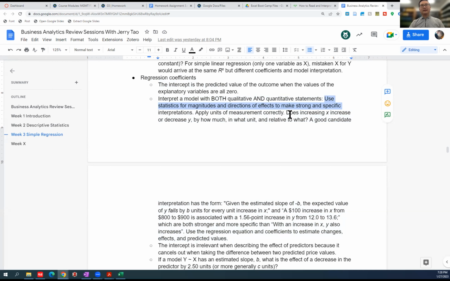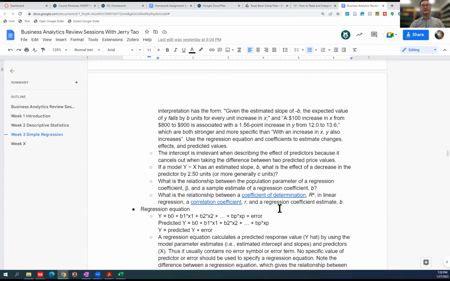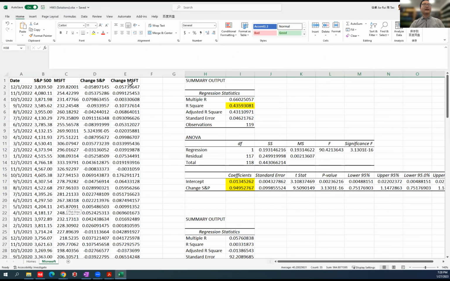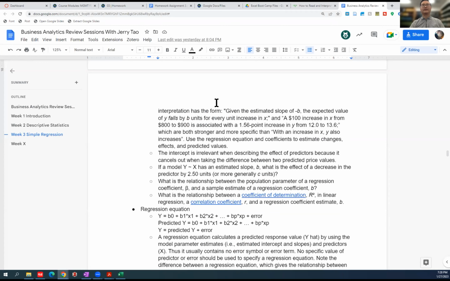So specifically, the interpretation should address this question: does increasing X increase or decrease Y? And by how much, in what unit, and relative to what group? So a good candidate interpretation has such a format, using the example we just had about the price change relationship between Microsoft and S&P stock price.